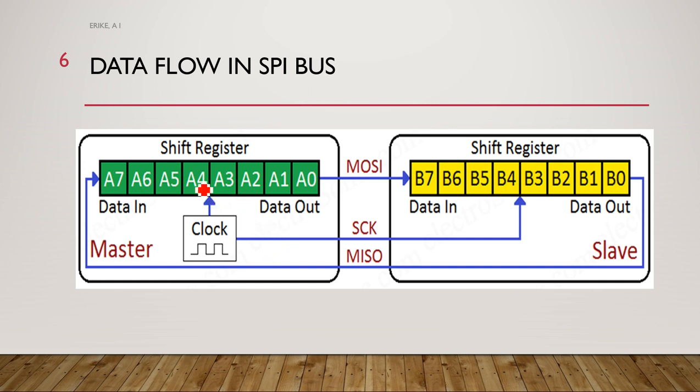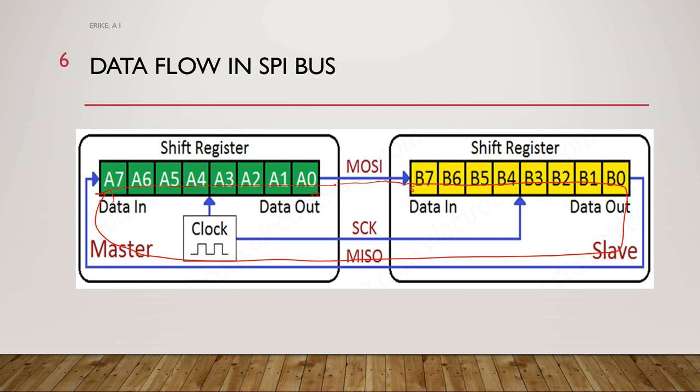So when you look at this place, you see the movement of the arrow from this particular register to this particular register, and it moves this way and this way, and then gets back to the beginning of the master register in the master device. Okay, so it forms a loop.